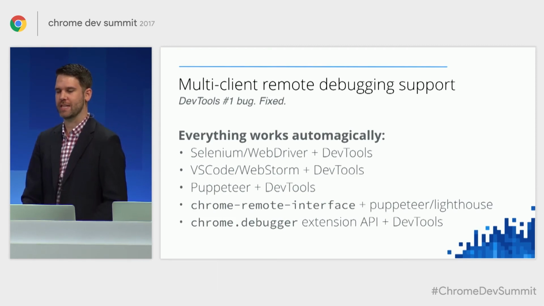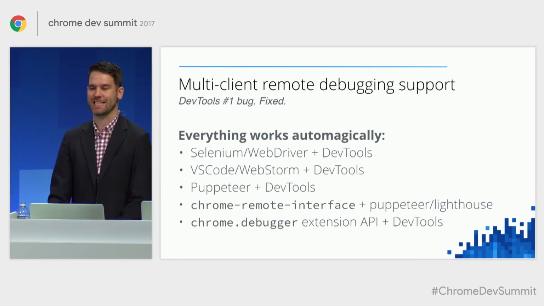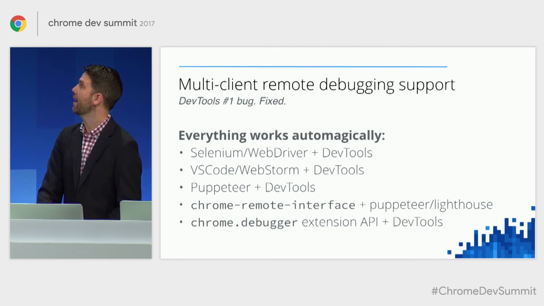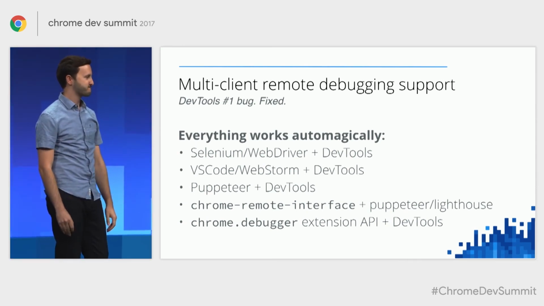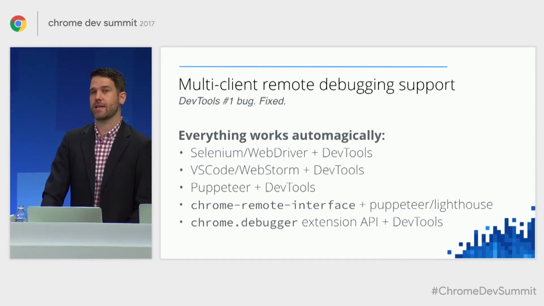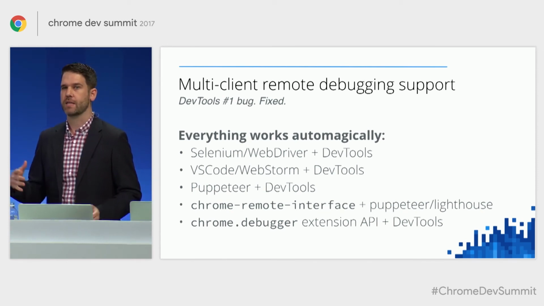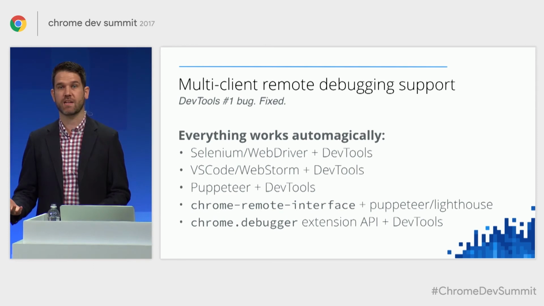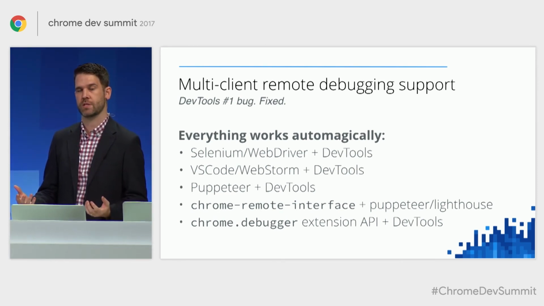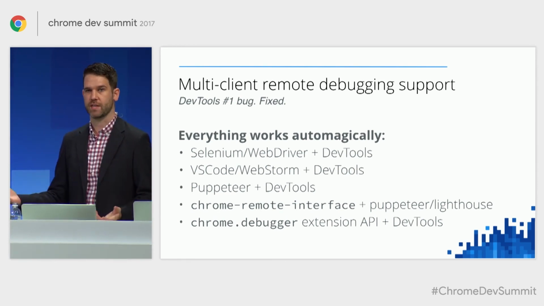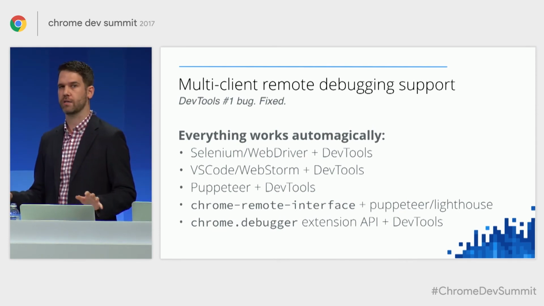Good news is multi-client remote debugging support is now fixed. The great thing here is that there's nothing to configure on your side. Everything just works automatically. Having DevTools open plus any of these things, or even two of these tools together, two different things that connect to the protocol, all good, all works.